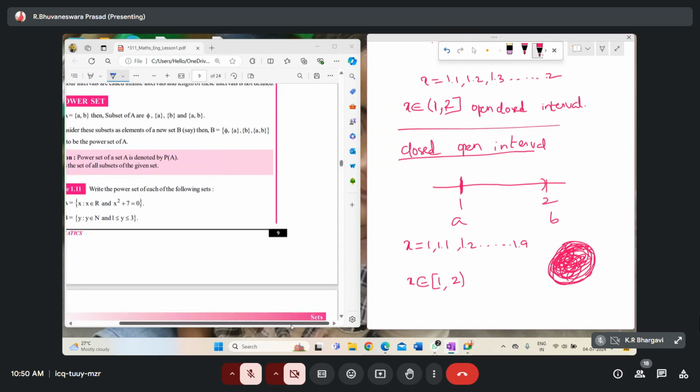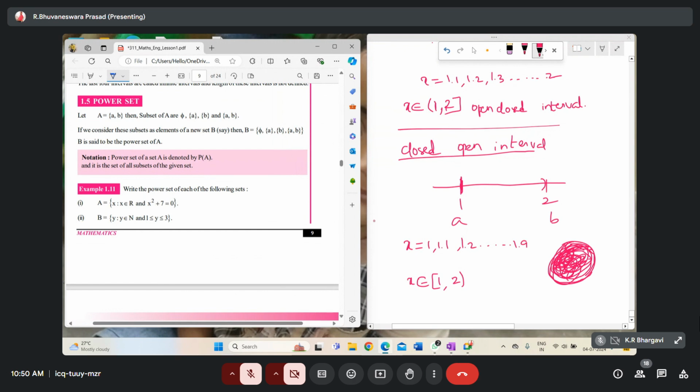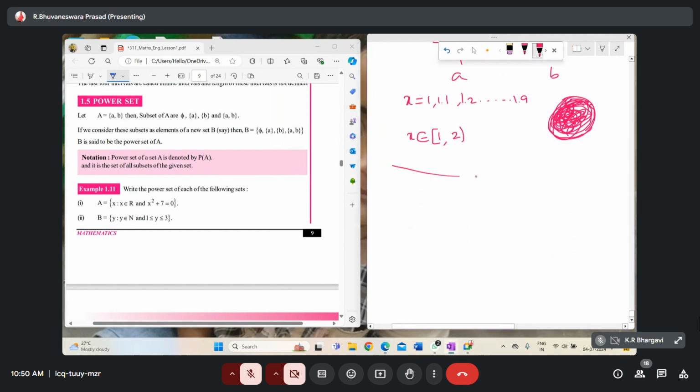Next, power set. See, if A equals set AB, power set means the set of all subsets of the given set. Okay, power set means if A equals 1 2, then set 1, set 2, set 1 2 and the empty set. So these 4 are subsets, right?